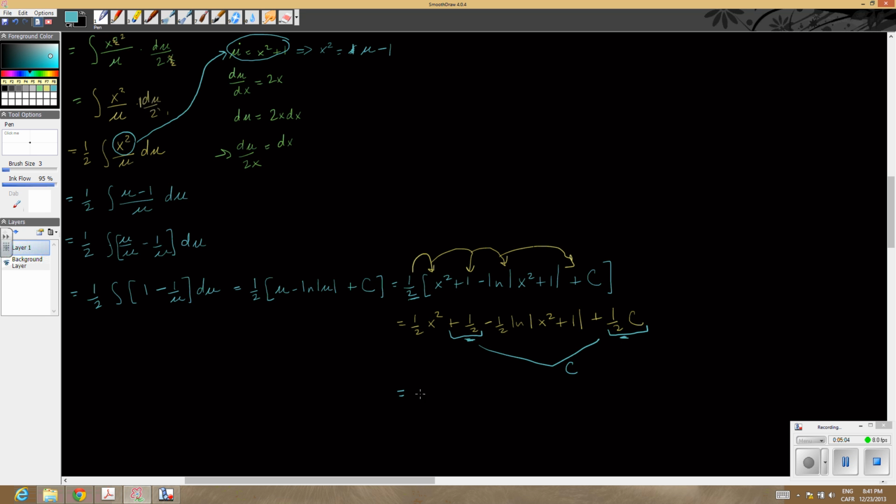Okay, so our final expression is going to look like this. 1/2 x squared minus 1/2 times the ln of the absolute value of x squared plus 1, plus c. Okay, so these were combined together to give us just a general constant. All right, so here's my final answer, and I'll circle that for you. And that's how you do this question.